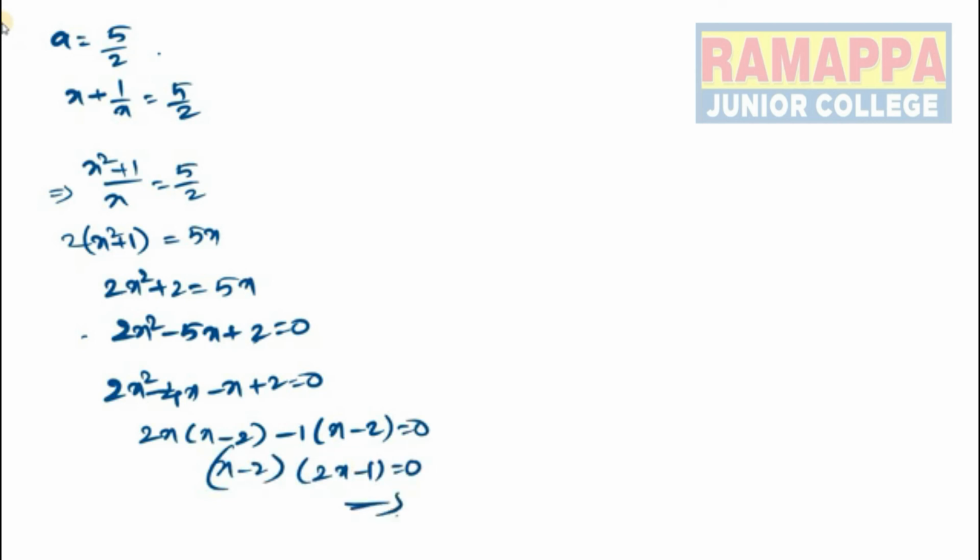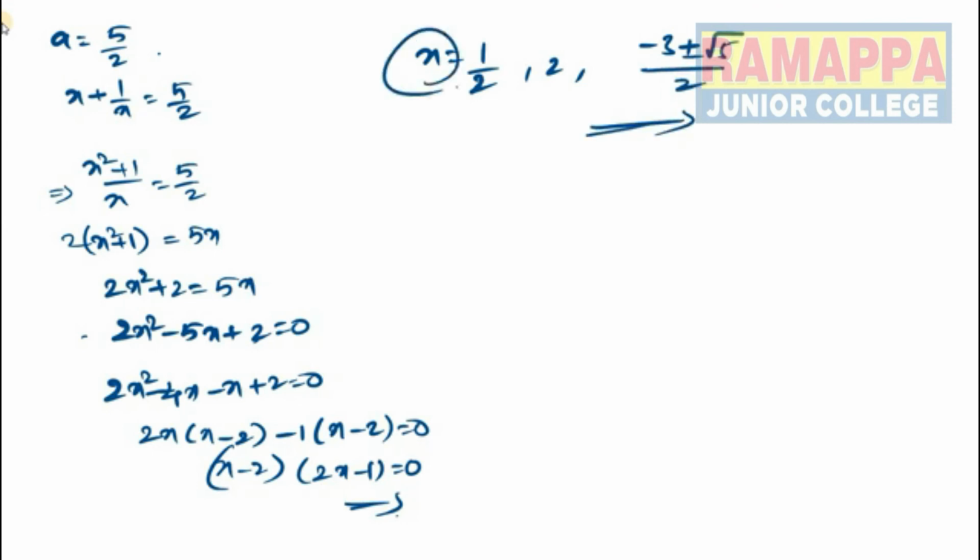Now from this we will get the two factors, x is equal to 1 by 2 and x is equal to 2. So now another roots also we got, minus 3 plus or minus under root of 5 by 2.